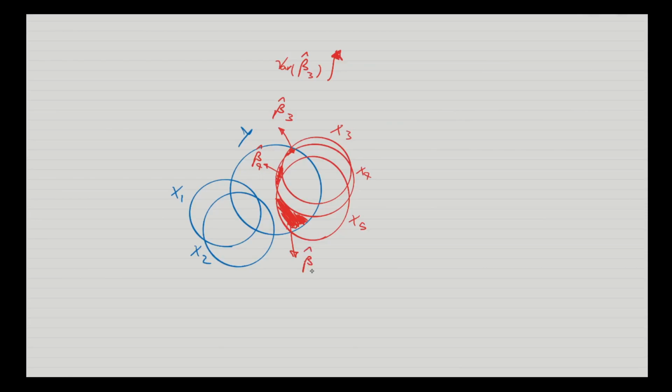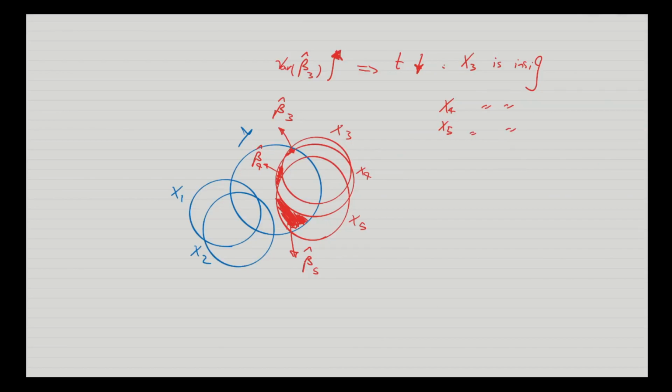Because OLS is using a small amount of information in the red shaded areas, the variance of these coefficients is large. So this implies that the t-stat is small. Because remember, what is the t-stat? Beta hat divided by standard error. If the standard error is large, the t-stat is small. So this implies that x3 is insignificant. The same story for x4 and x5: insignificant because we have multicollinearity.